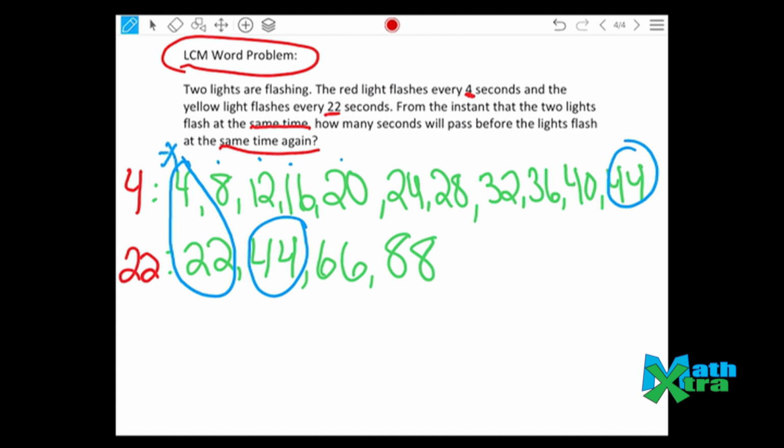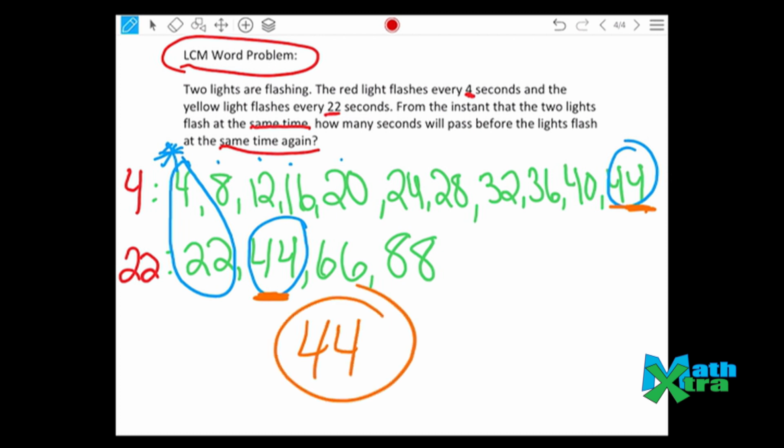This is the beginning, remember? The next time it's going to flash is going to be at 44 seconds. So while the second light is turned off, light number 1 is flashing and flashing and flashing. But they're going to flash again at the same time at 44 seconds. So the answer to your problem, or the LCM, which is the least common multiple, is 44.